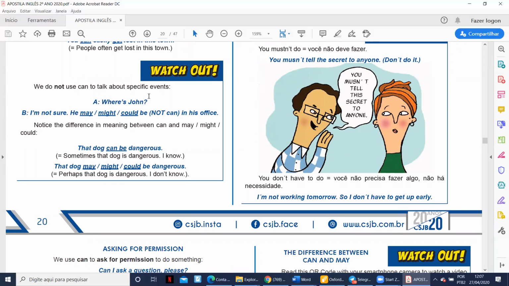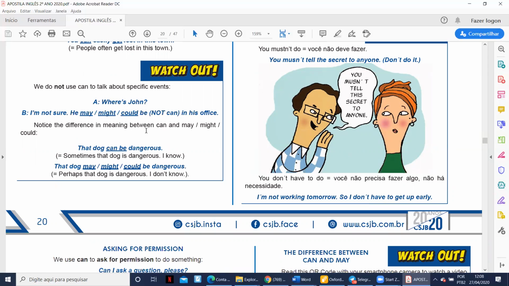About John, so it's a specific event, okay? In this case, you're looking for John right now. I could say he may, he might, he could be in his office. But there's no way I use can in this sentence because it's a specific event, it's a specific situation. It's right now, you're looking for John right now, okay?